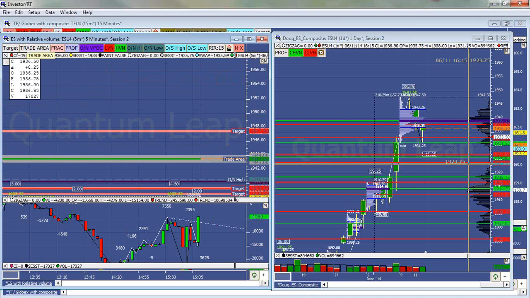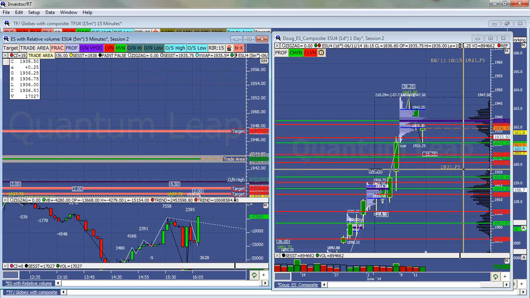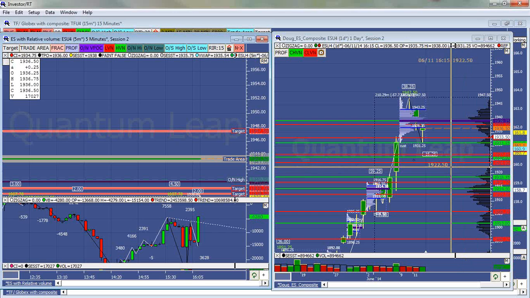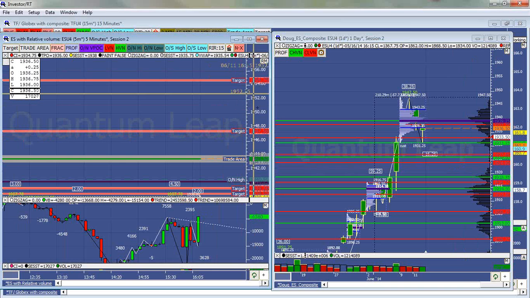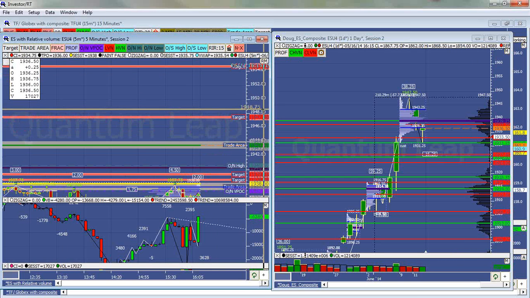That's why we're likely to get a retracement right now, but I don't think the all-time high is in just yet, because we've got some equalization to do up here at 54.75.